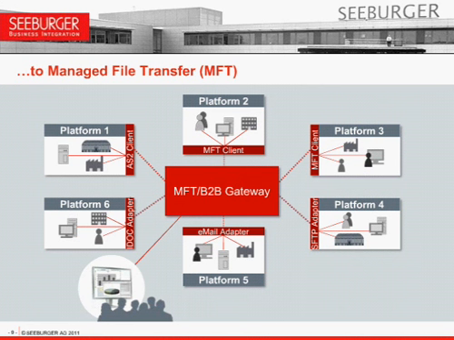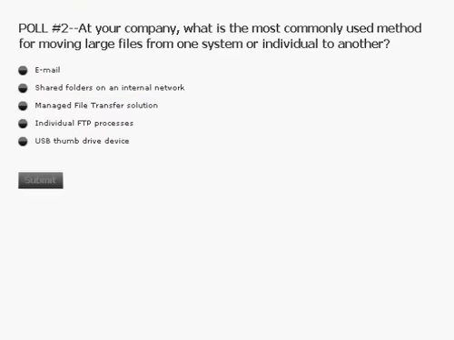Excuse me, Bill. Just before you go any further, I think we have another poll question. I also wanted to make sure that you're in the Present tab so that you can see that. If that's okay, I'd like to ask the audience our second poll question. We'd like to know from our audience, at your company, what is the most commonly used method for moving large files from one system or individual to another?